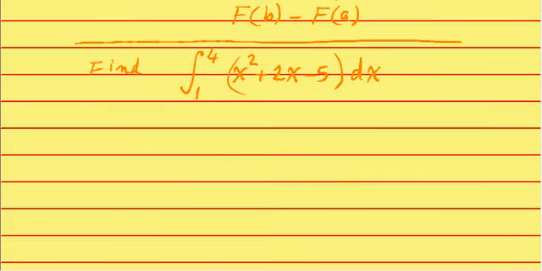Let's just keep using the interpretation of signed area for these definite integrals. So what does that mean? Just assume that here is some function. We don't need to be particular about it. Somewhere there, and it's 1, and then say it's 4 here, and here is your function f of x equal to x squared plus 2x minus 5.